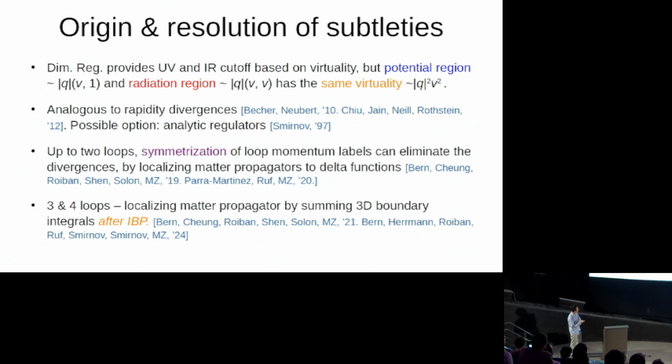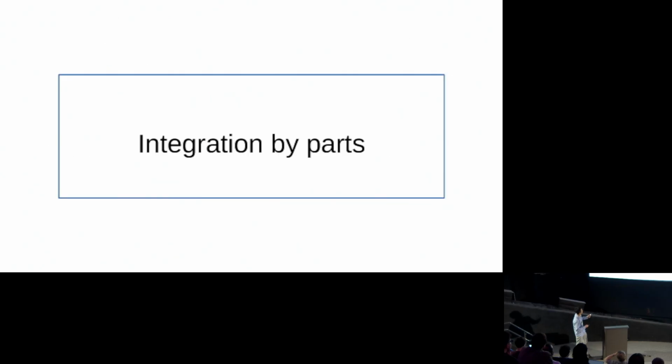For example, in 3-loop and 4-loop calculations, we were able to combine the results after IBP reduction, almost close to the final result. We are able to combine integrals with certain permutations of vertices to cancel these divergences. So I won't get into this more.